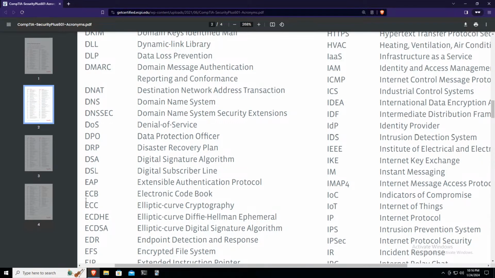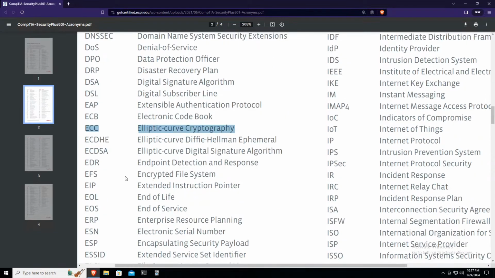ECC is used in mobile devices to enable cryptography. That's the best explanation I got. It's a very popular form of cryptography in the mobile space.